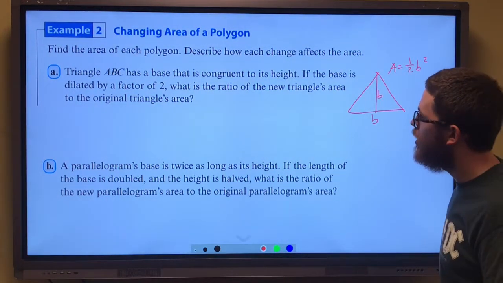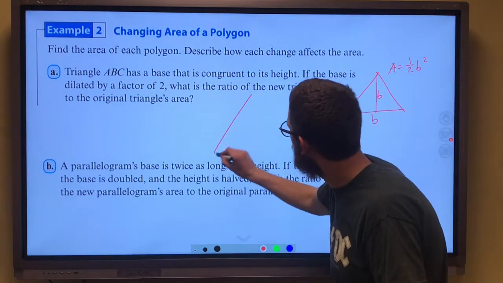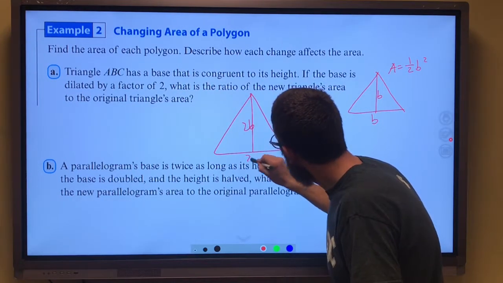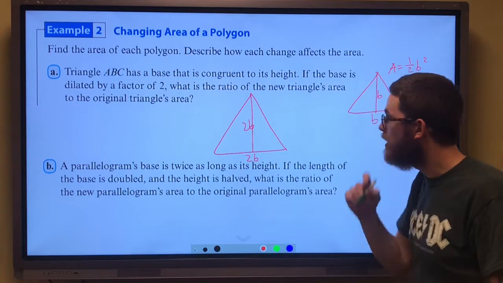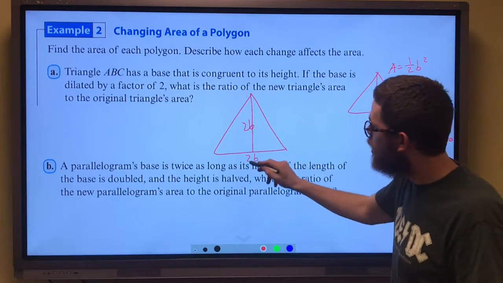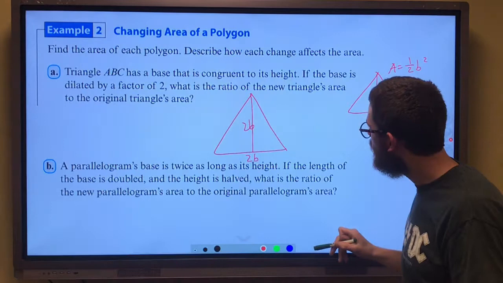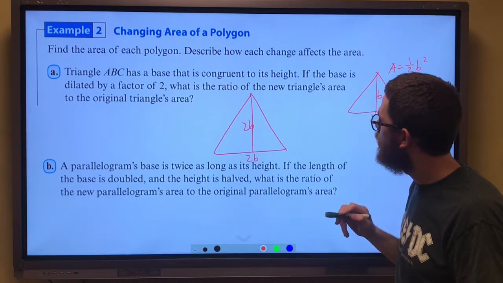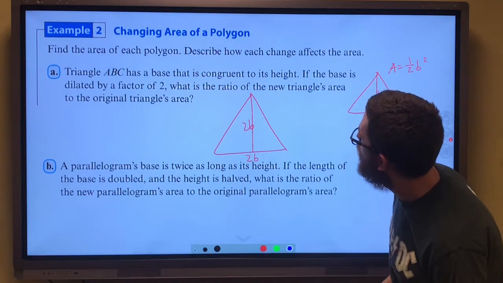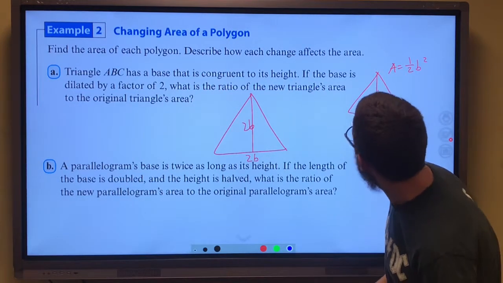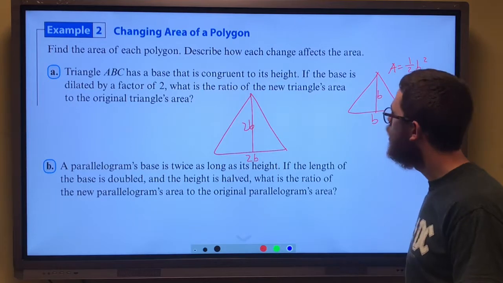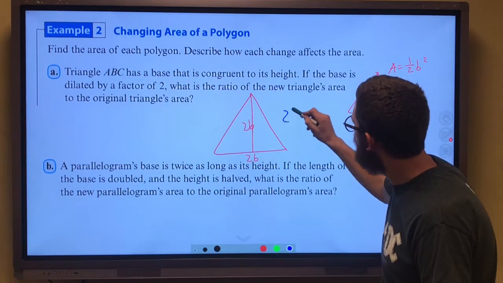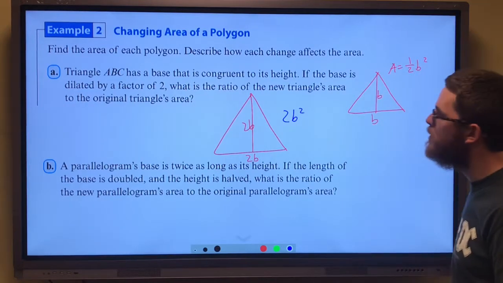Well, the new triangle's been dilated by a factor of 2, so now the height is 2b, the base is 2b, so this would be 1/2 base times height, 1/2 base 1 times base 2, which gives us 2b squared.